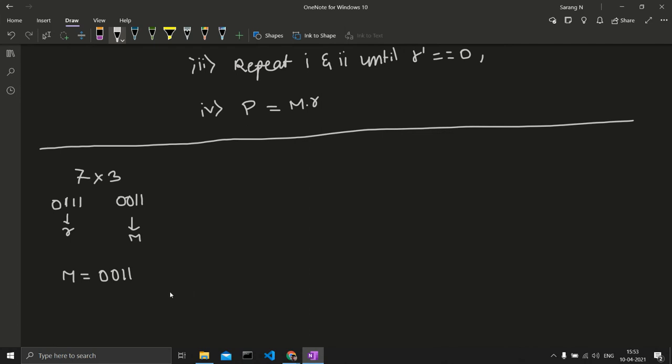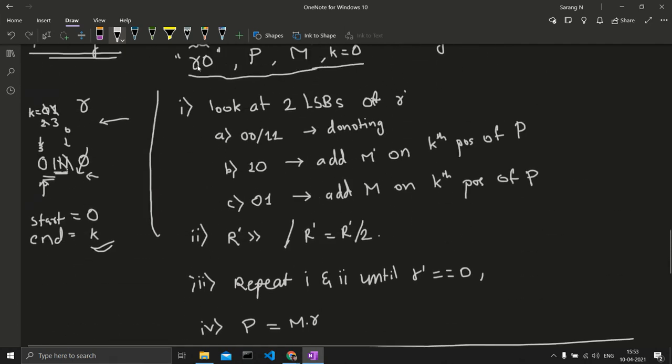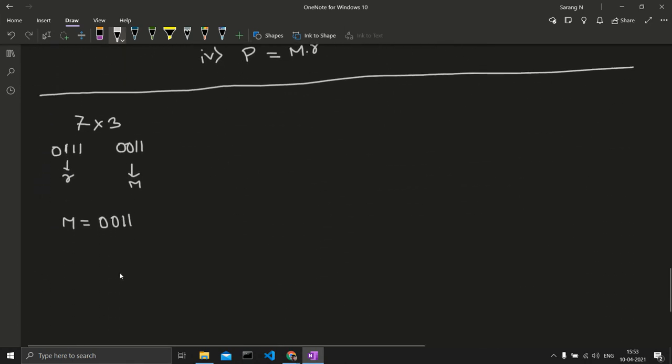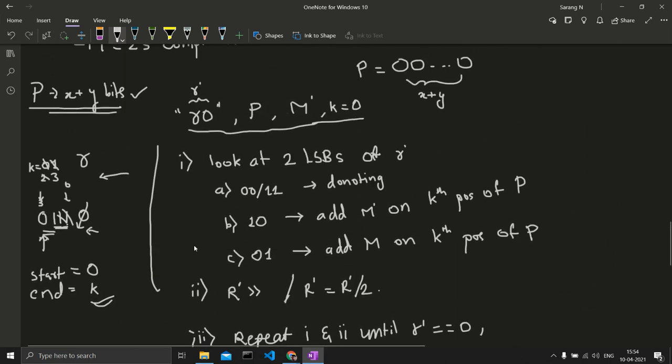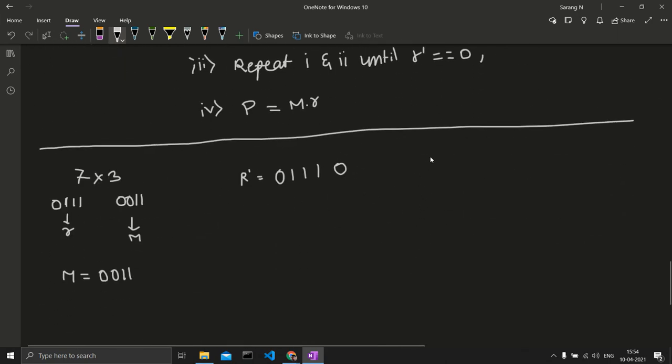We are starting the pre-computation. We have to calculate r dash, right? So r dash is equal to, append a 0 here, so I have 0 1 1 1 and a 0 extra. Then I have to calculate p.